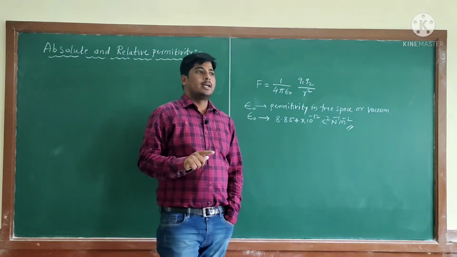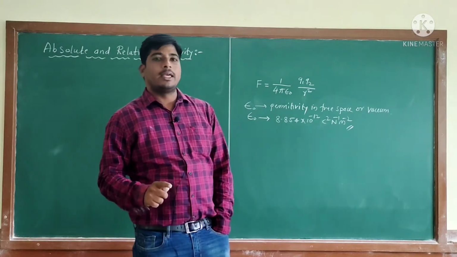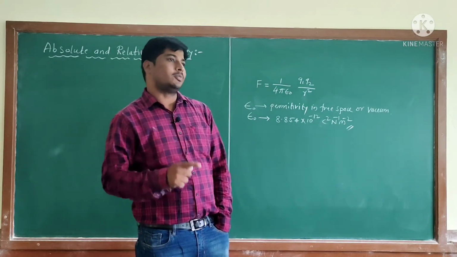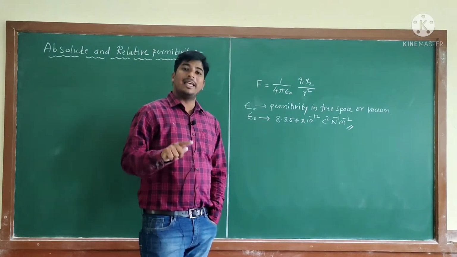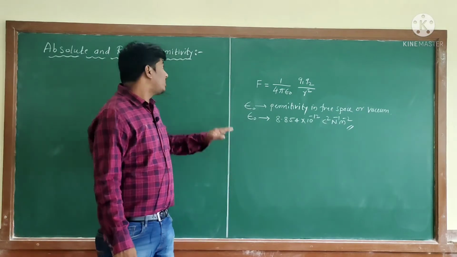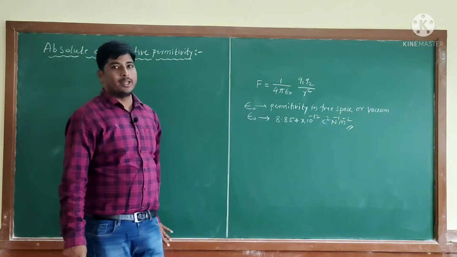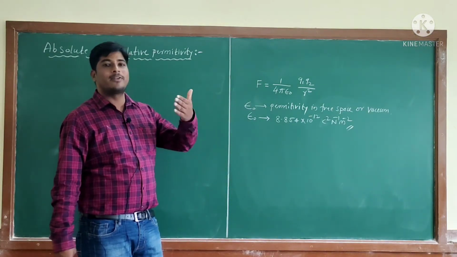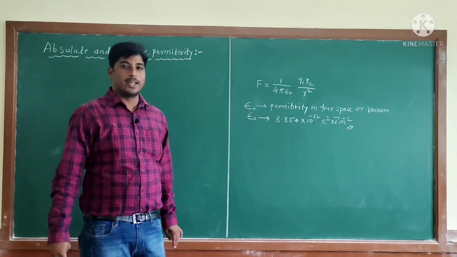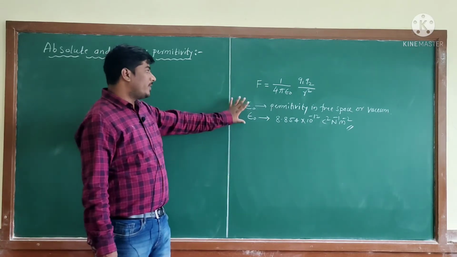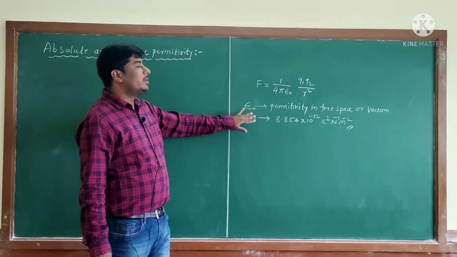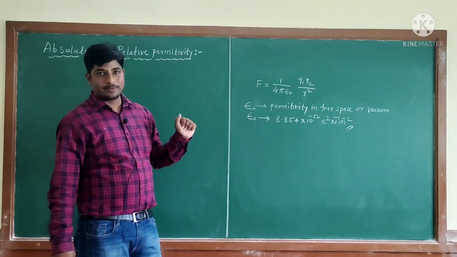If the medium is other than air or vacuum, then we call it the relative permittivity, and it has different values in different mediums. Now we will see the relation between the absolute and relative permittivity.